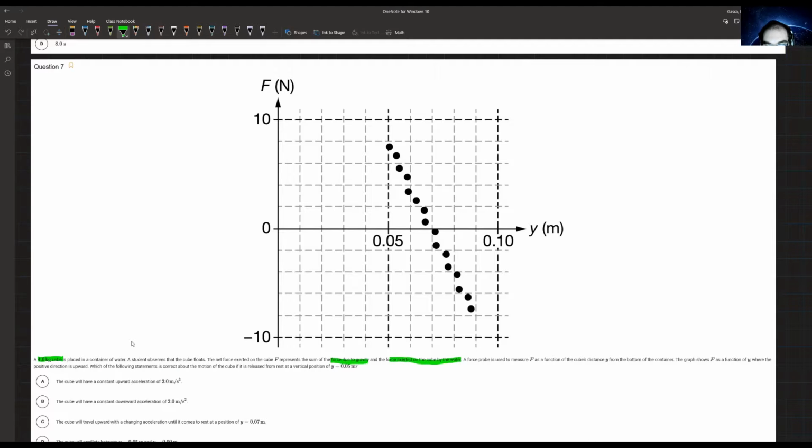A force probe is used to measure the net force as a function of the cube's distance y from the bottom of the container. The graph shows F as a function of y, where the positive direction is upward. Which of the following statements is correct about the motion of the cube if it is released from rest at a vertical position of 0.05 meters?